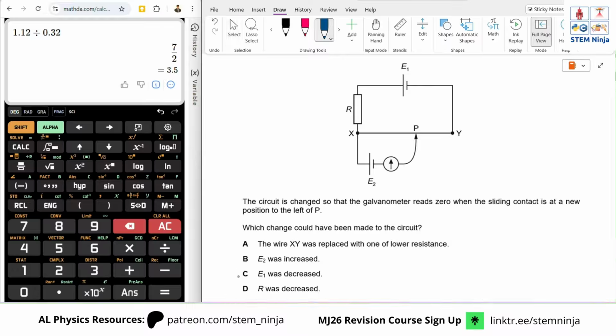Now, given the options, we are not changing the direction or polarity of E1. So Vxy is E1 minus the IR, where I is I1. So IR is the terminal potential difference.